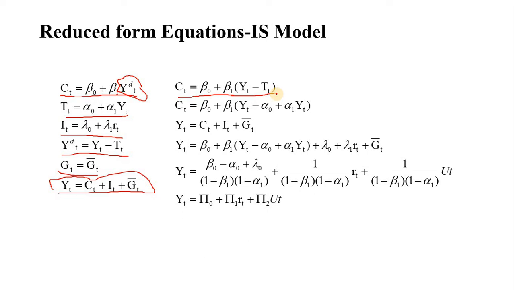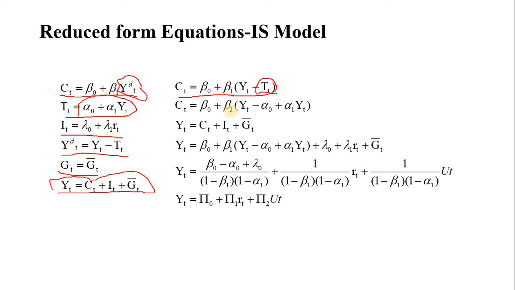Now look at the second equation: ct is equal to beta 0 plus beta 1 yt. Instead of the variable tax, I am substituting the equation of tax, which is alpha 0 plus alpha 1 yt.